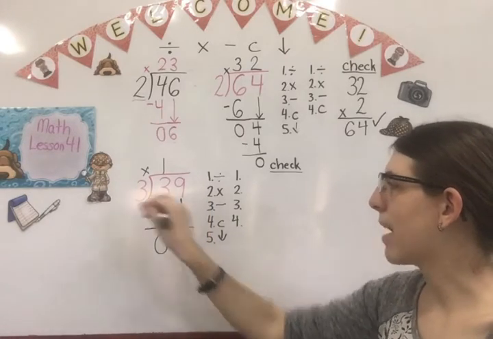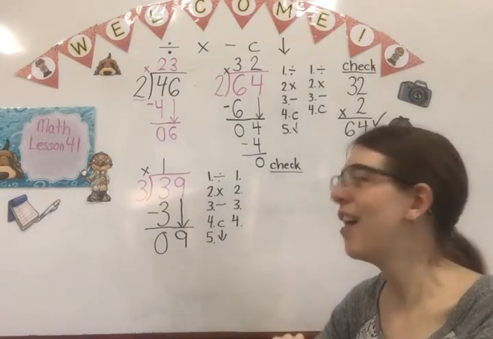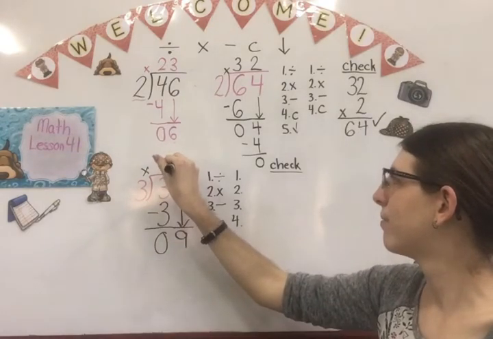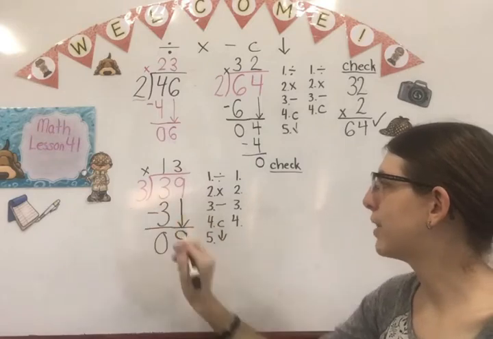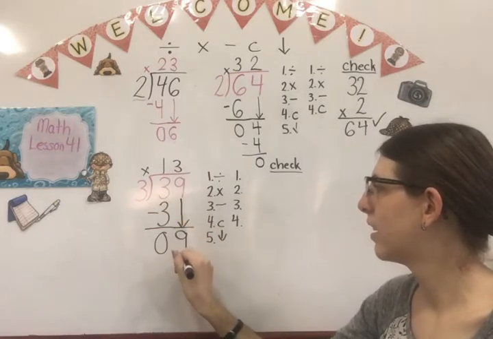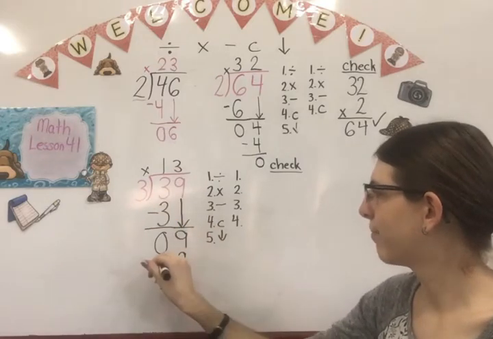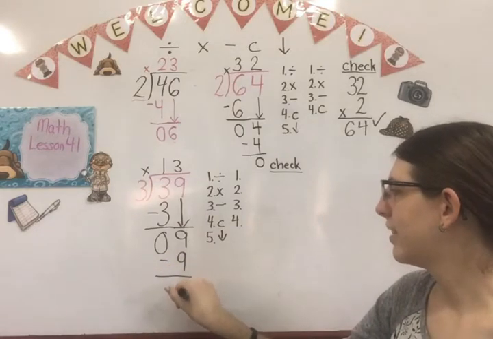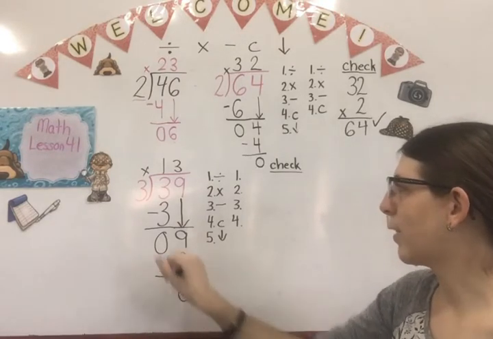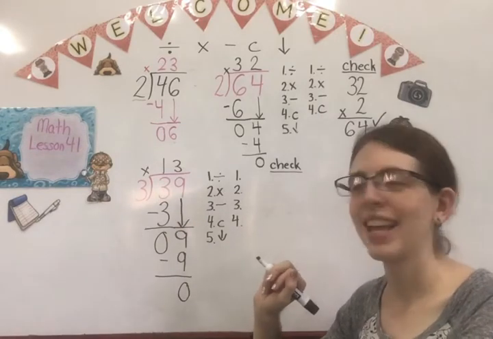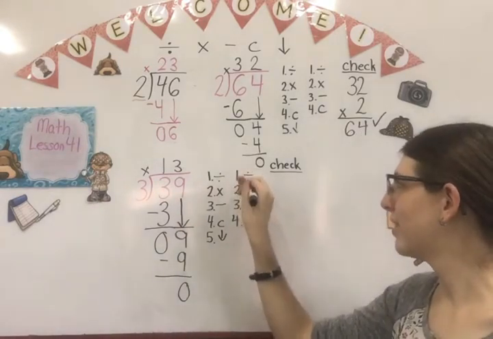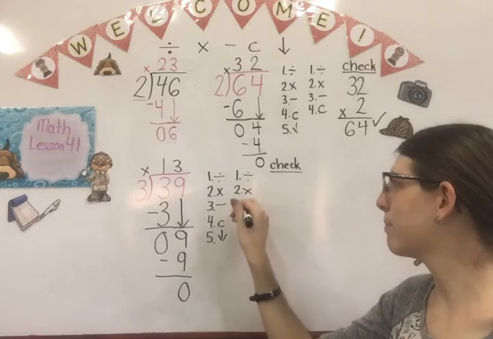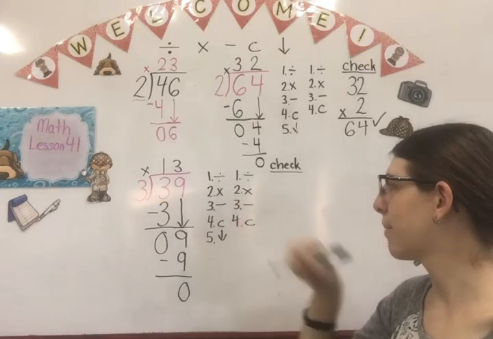9 divided by 3 is 3. 3 times 3 is 9. 9 minus 9 is 0. 0 is less than 3? Yes, it is. So my last steps were divide, multiply, subtract, compare.